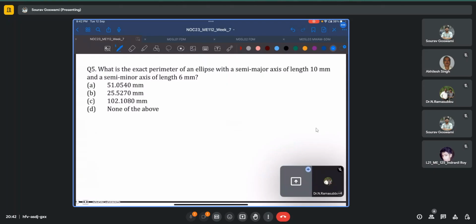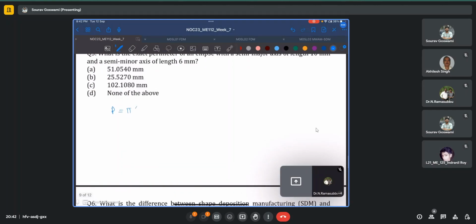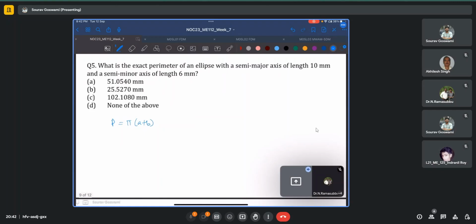Now, this question is asking us to find the exact perimeter of an ellipse with a semi-major axis of length 10 mm and a semi-minor axis of length 6 mm. So we had a formula in the slides, where A is the semi-major axis, B is the semi-minor axis, and this parameter lambda is equal to (A minus B) divided by (A plus B).